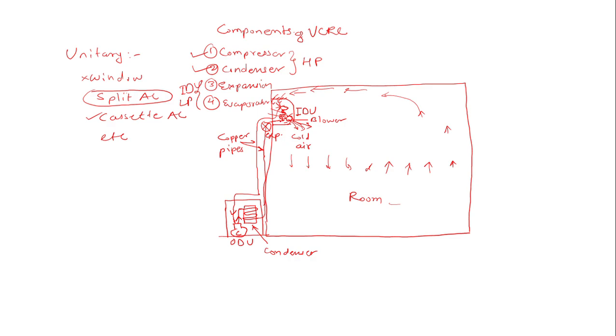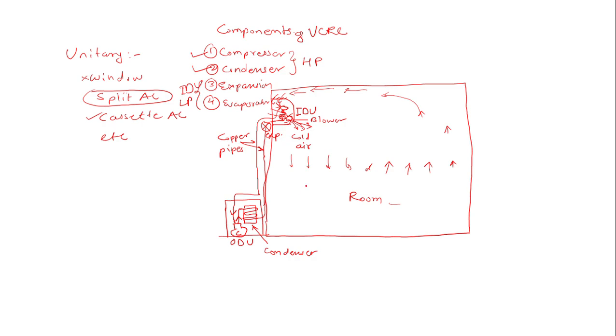Whereas the refrigerant which has taken the heat gets warmed up and is given back to the compressor. From the compressor it will be given to the condenser. In the condenser, the heat from the refrigerant is rejected to the atmosphere.